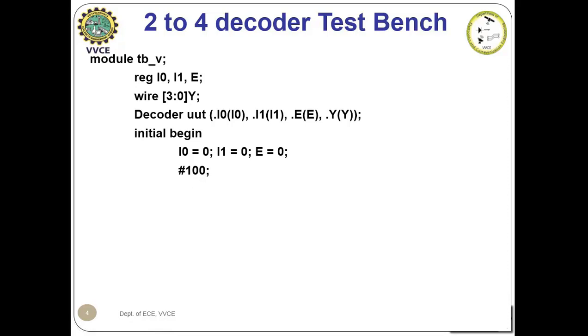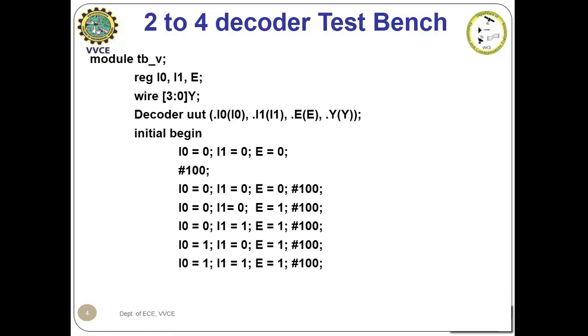This is a runtime unit in Verilog. The runtime unit is whatever the simulation unit is. If the unit is nanoseconds, it will be initialized for 10 nanoseconds. If it is picoseconds, it will be for 10 picoseconds.